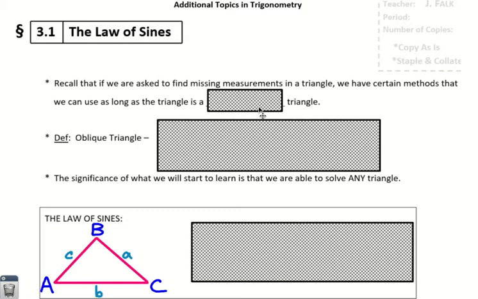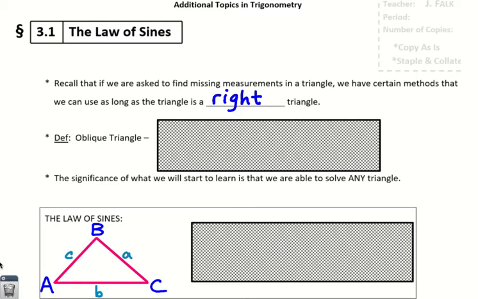That if an angle was unknown or a side was unknown, we could use trigonometry to figure out what that missing side or angle was, as long as the triangle was a right triangle.